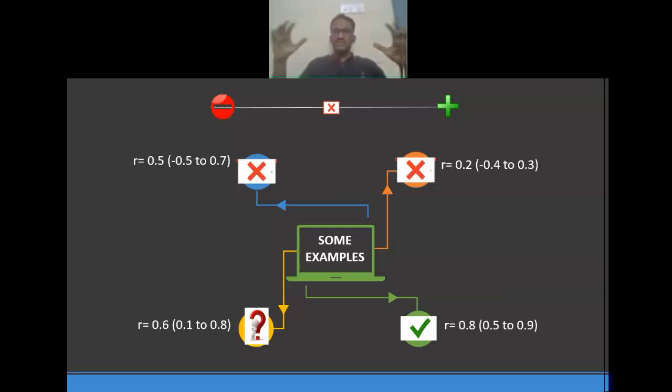You may ask: this can be ascertained with the R value and p-value also, so why do we need a confidence interval? Let me give this example: the R value is 0.6 and the confidence interval ranges from 0.1 to 0.8.